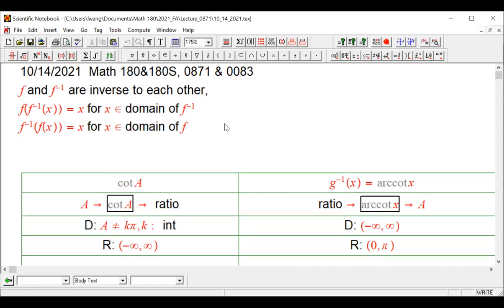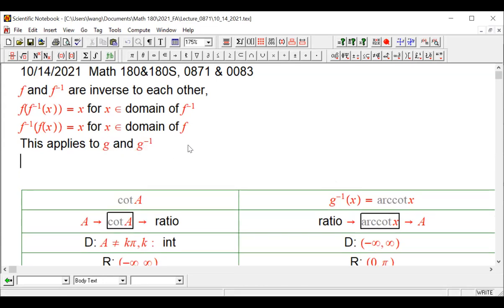So it works for G. This applies to G and G inverse. It's just a change of name. Okay?